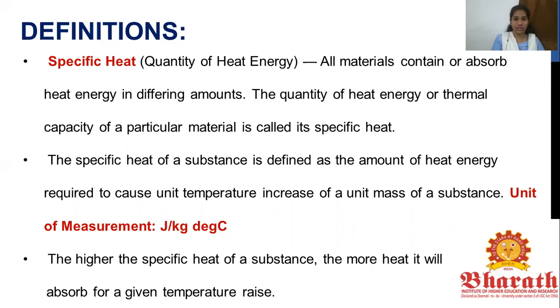The quantity of heat energy, or thermal capacity, of a particular material is called its specific heat. The specific heat of a substance is defined as the amount of heat energy required to cause a unit temperature increase of a unit mass of the substance. The unit of measurement is usually joules per kilogram degree Celsius. The higher the specific heat of a substance, the more heat it will absorb for a given temperature range.